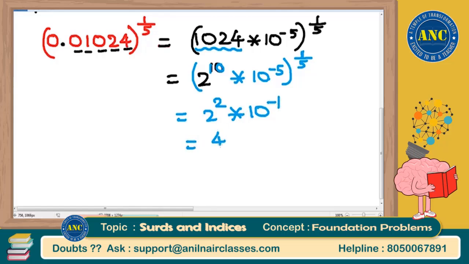So the answer is 4 into 10 power minus 1, which is 4 by 10, that is 0.4. The answer for this question is 4 by 10, which is 0.4.